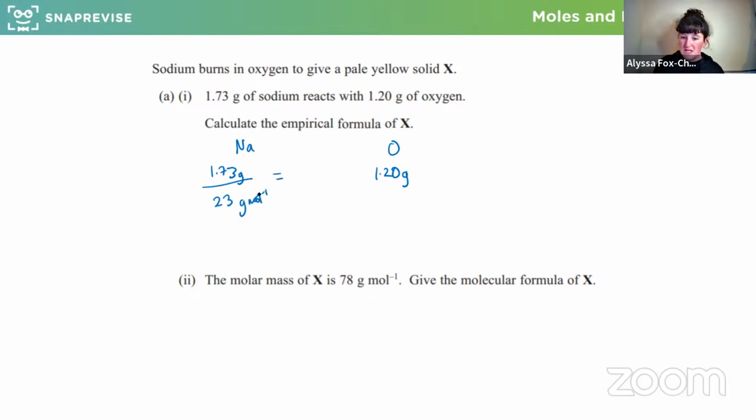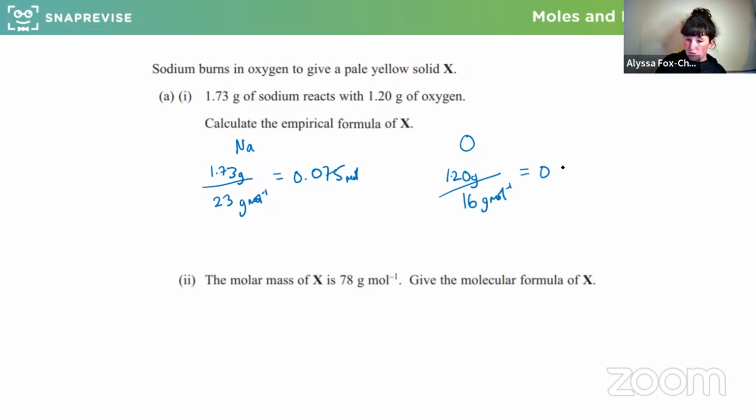So 1.73 divided by 23 gives us 0.075 mole of sodium. 1.20 grams of oxygen. Oxygen has a relative atomic mass of 16 grams per mole. Grams divided by grams per mole gives me moles, and that's 0.075 mole.